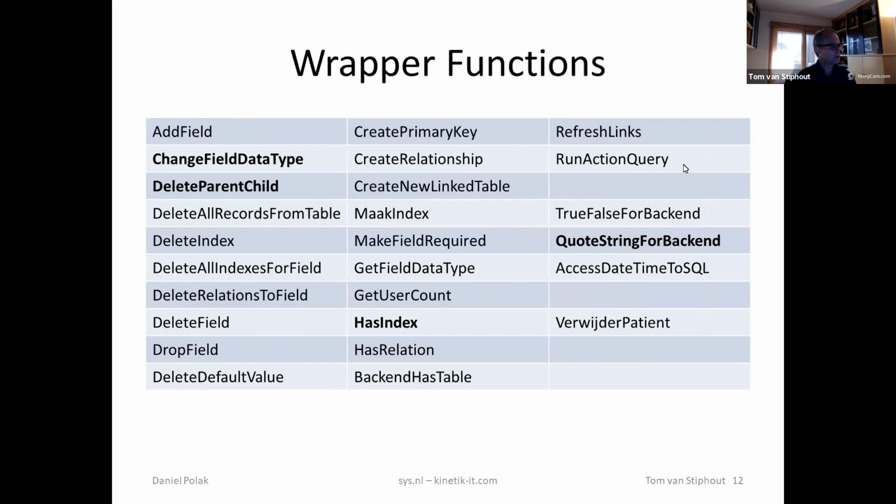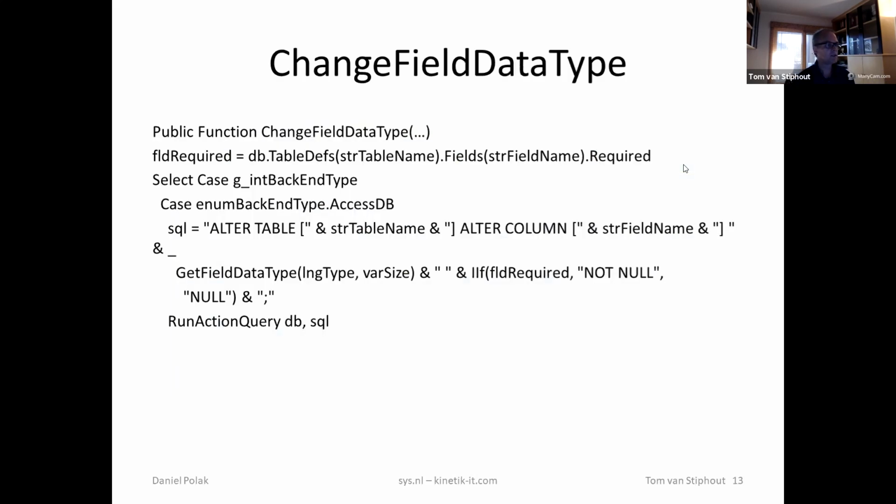So let's take a look at one of the ones that give you a good skeleton of what they would look like. Change field data type. We want to change from a text 50 to a text 80, or from an integer to a long integer, or from a Boolean to an integer, whatever. We use a function pattern similar to this.